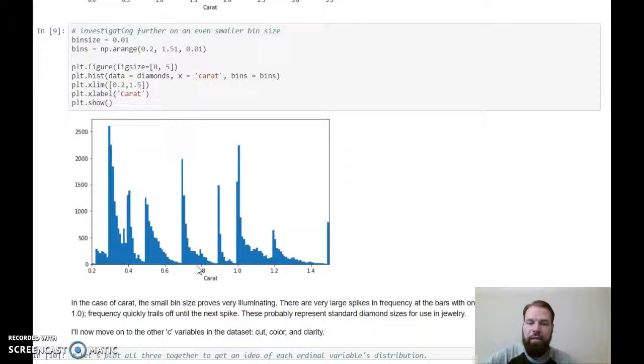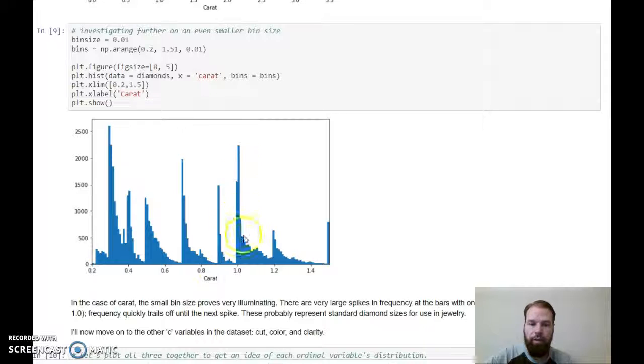For me, this is a possible indicator that the people rating these diamonds in terms of their size have a little bit of wiggle room in how they're rating it, because it seems pretty unnatural to have these high peaks at 0.3 carats, 0.5 carats, 0.7 carats.